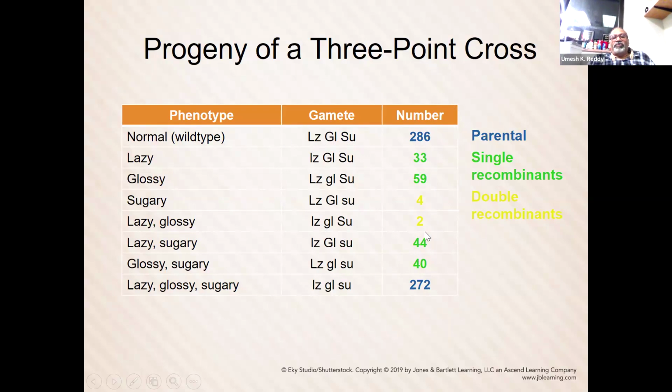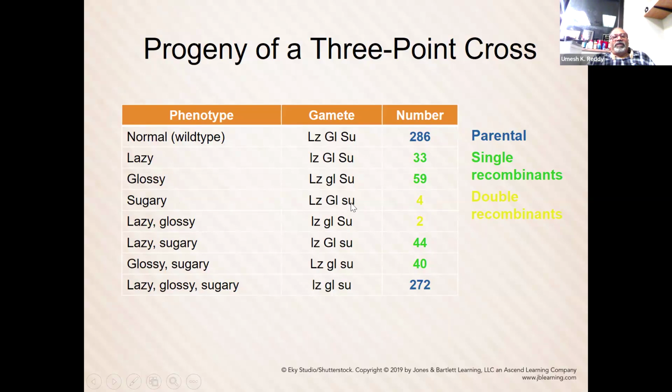So we need to see these numbers. These are 4 and 2, the very least segregants. You see, the rest of the segregants are 33, 59, 44, 40, quite large numbers, whereas these two are very small segregants. And what is their phenotype? Sugary. That means just sugary is changed, but lazy and glassy are the same.